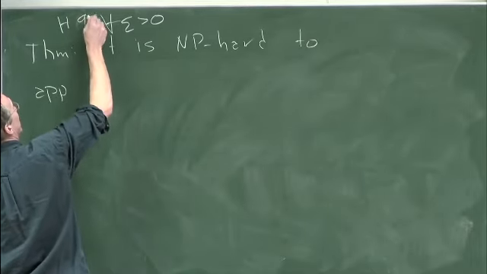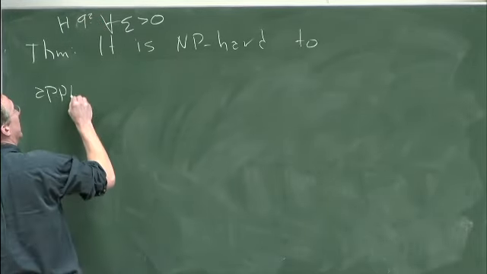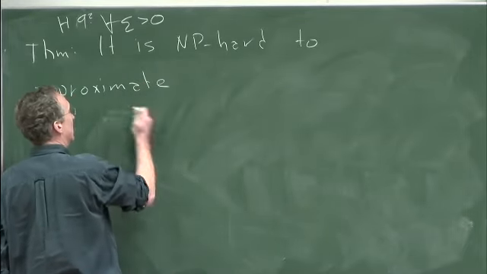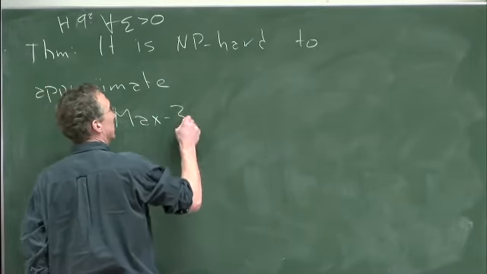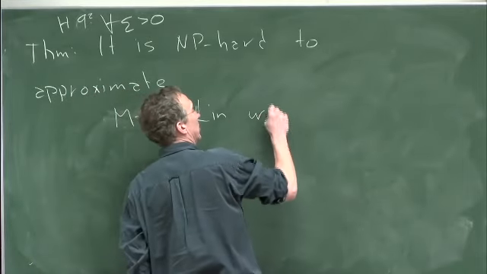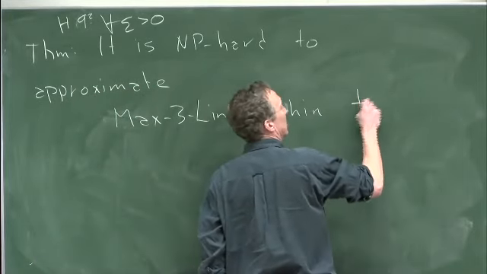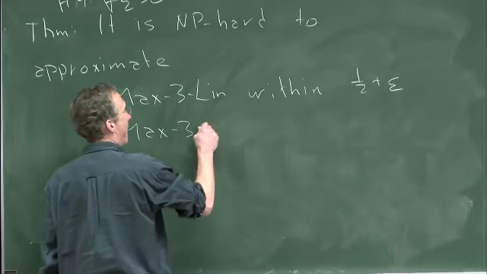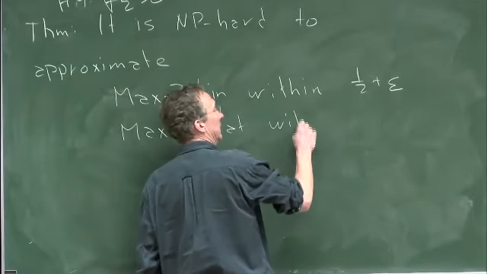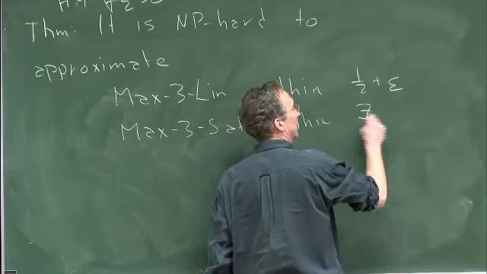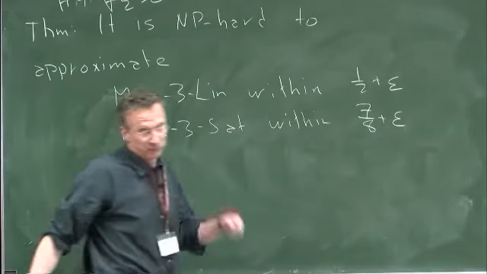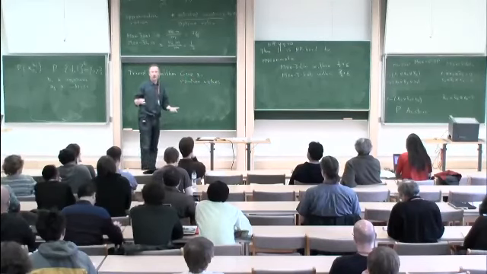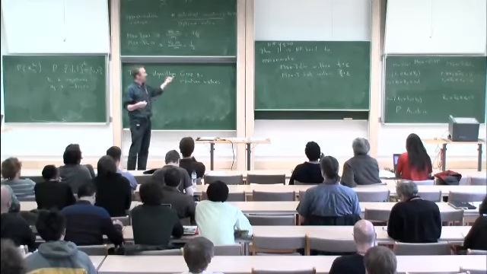Maybe it was even before the turn of the century. So what happens is that you can't do better. There's this trivial algorithm that gives you 1/2 and 7/8, and it's NP-hard to do better.